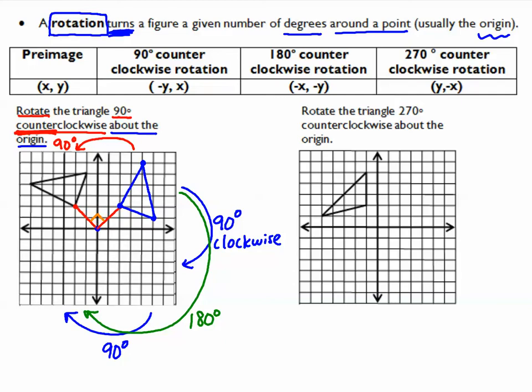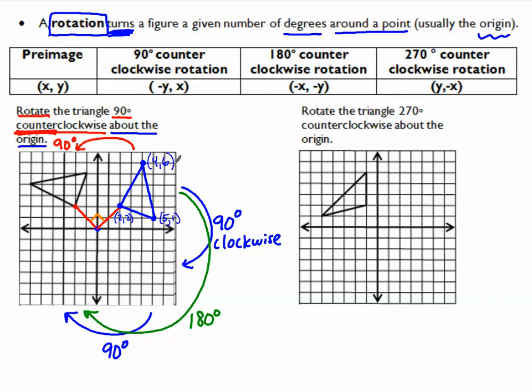So my original points are at (2, 2), (5, 1), and (4, 6).